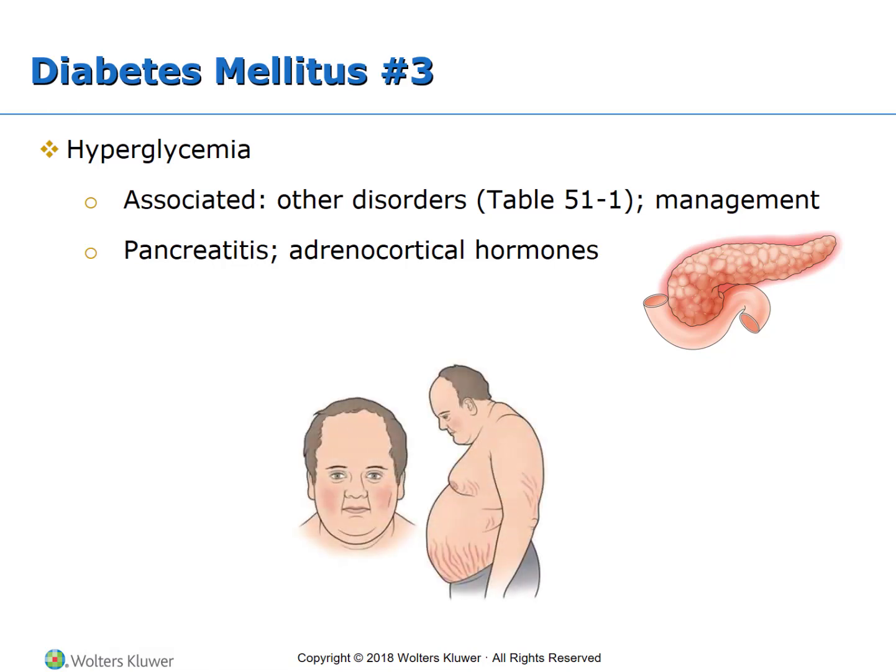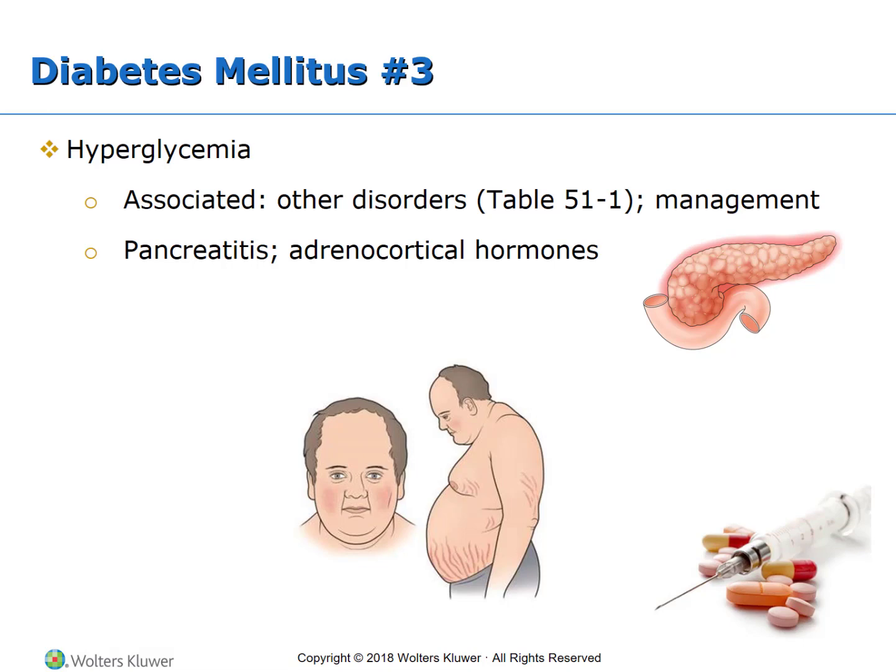Another thing is if your patient has any other endocrine disorders such as Cushing's syndrome, acromegaly, or pheochromocytoma, the one we talked about, and hyperthyroidism can all cause hyperglycemia as well. Sometimes this is drug induced, so people who are taking additional steroids like corticosteroids for athletes could have hyperglycemia as well.